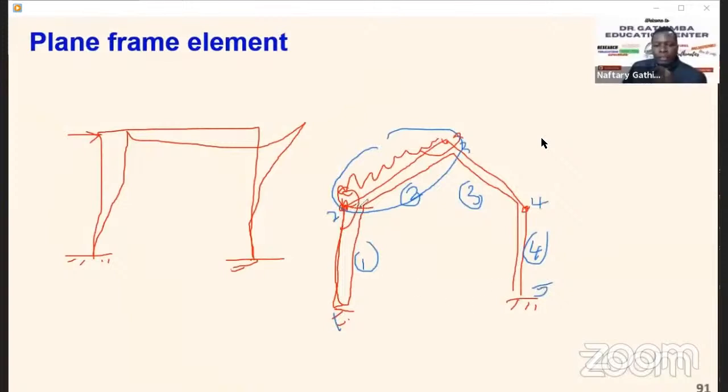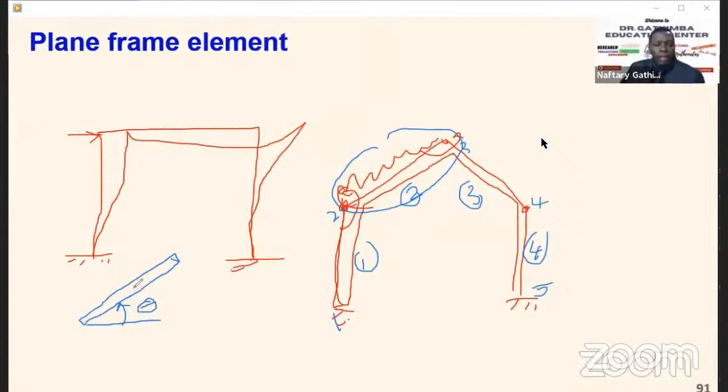If we take a typical element 2 that is slanted like that, it's oriented from the horizontal. The angles are measured from the horizontal x direction, counterclockwise. This angle you can call theta, or some books say phi.